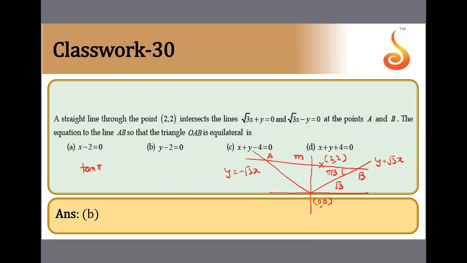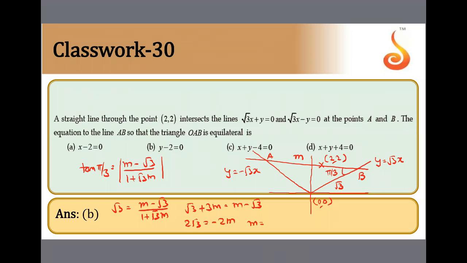Tan pi by 3 is equal to (m minus root 3) by (1 plus root 3 m). Taking modulus, we get root 3 is equal to m minus root 3 by 1 plus root 3 m. If we solve it, we get root 3 plus 3m equal to m minus root 3.